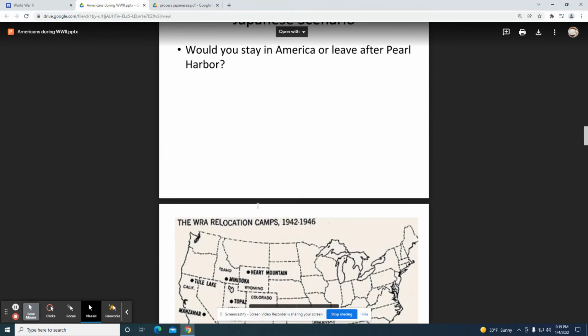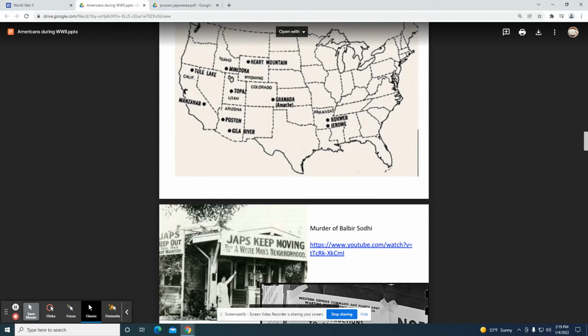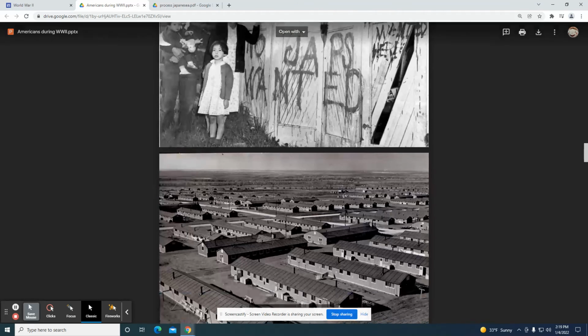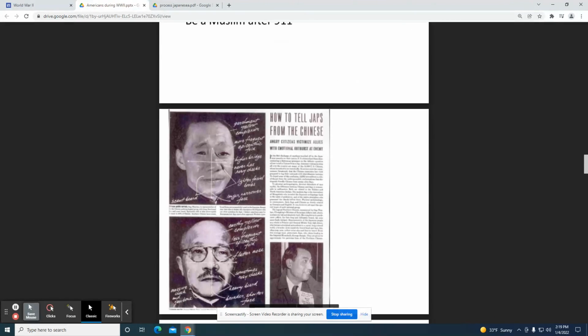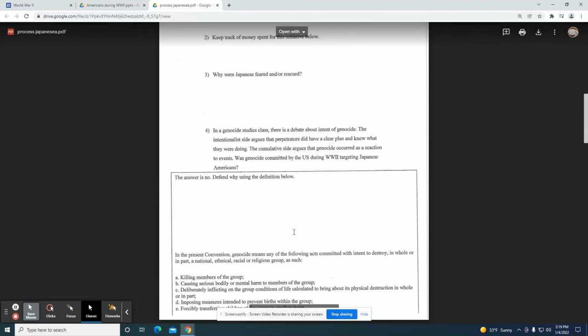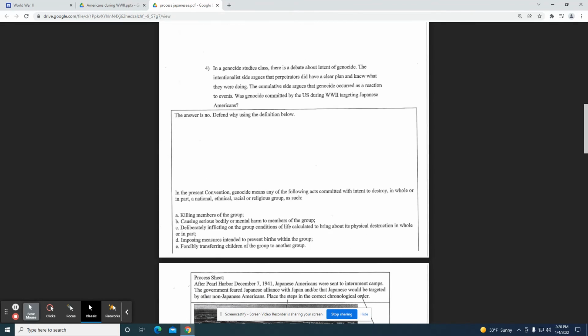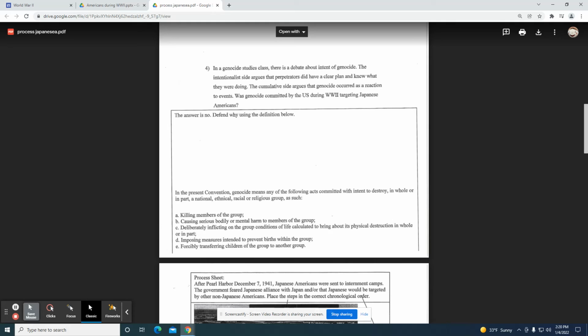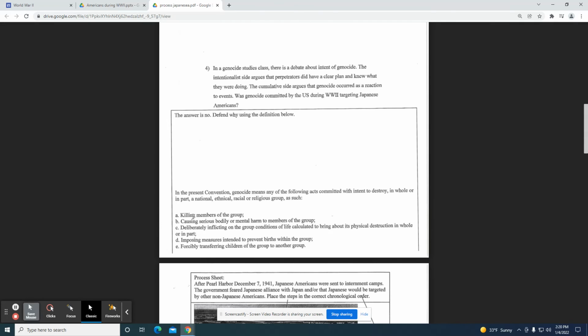Here's a map that includes all of the camps. And yeah, that's pretty much it on this one. We want to make sure that you continue the order and you figure out how you feel about this particular issue. The United States, did we commit genocide? Well, we didn't kill members of the group. I don't know if we caused serious bodily or mental harm, maybe mental harm.